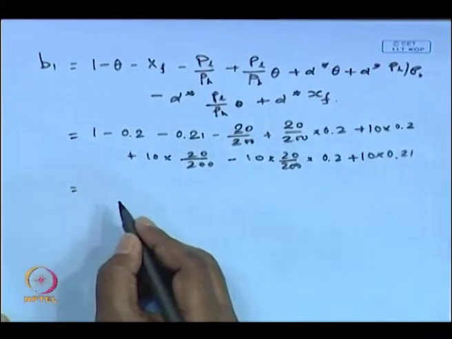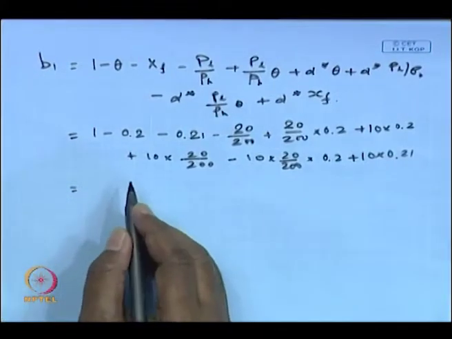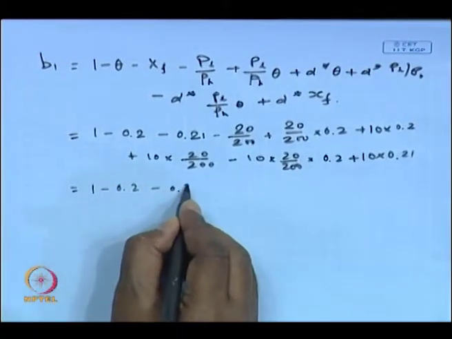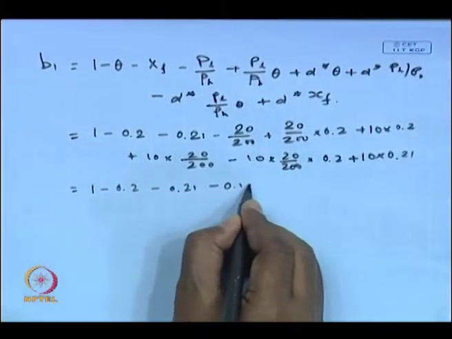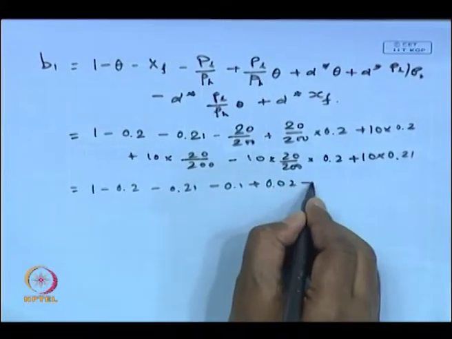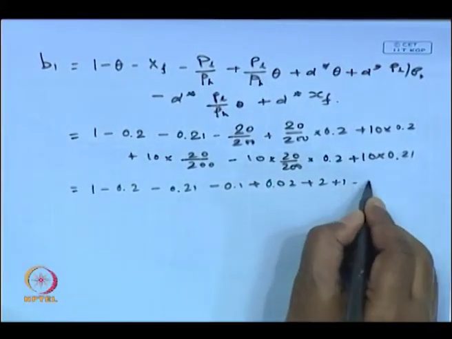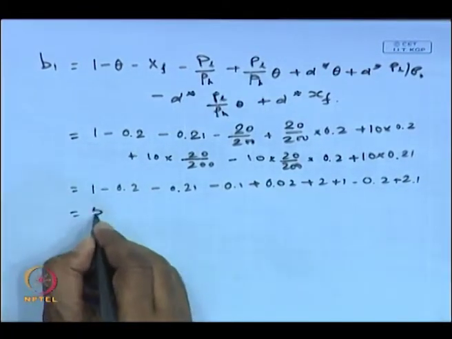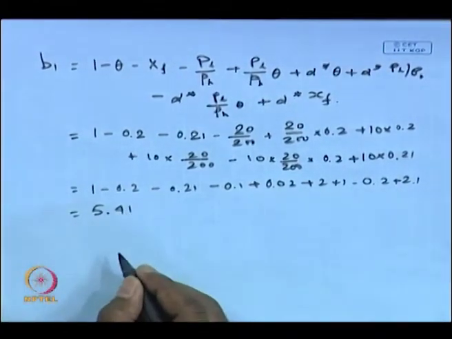The feed composition is 0.21 mole fraction of oxygen. So, it becomes 1 minus 0.2 minus 0.21 minus 0.1 plus 0.02 plus 2 plus 1 minus 0.2 plus 2.1, and the total comes out to be 5.41.